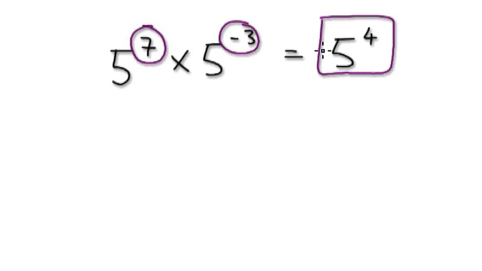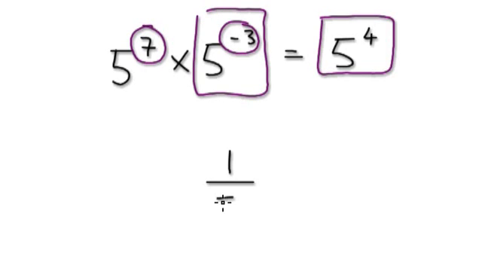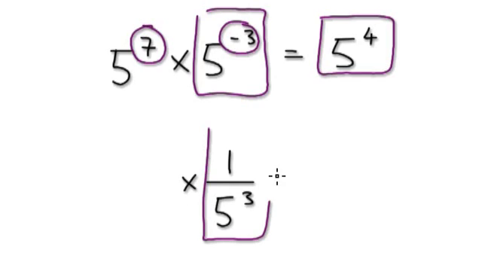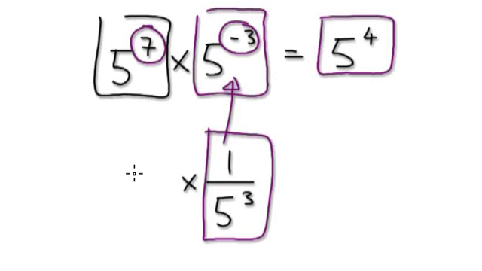So this could be your answer. Okay, but or you can visualize this as this. Immediately jump to 1 over 5 to the power of 3, and then don't forget. So this box here is actually this box here, and don't forget about this. This is 5 to the power 7. So you're timesing a fraction, so it gets multiplied to the top.